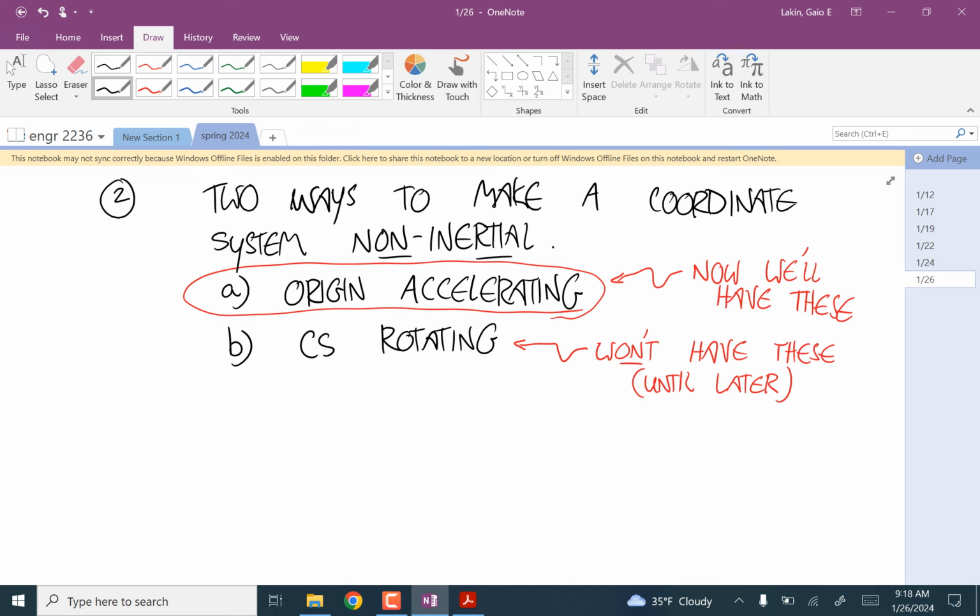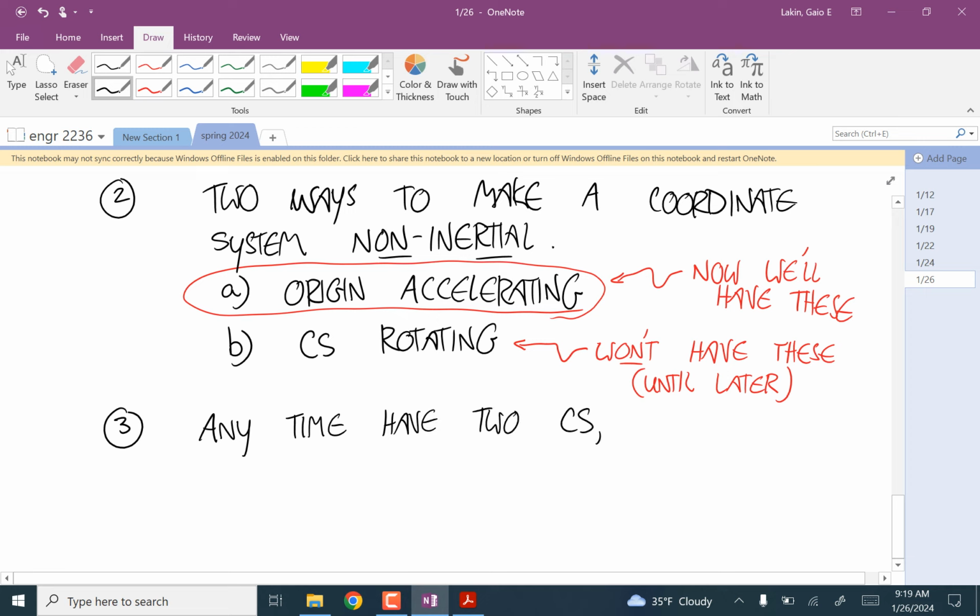And then the third thing is whenever we have 2 different coordinate systems, their orientations are going to be the same. So right now we're not worried about one coordinate system with the z-axis up talking to another coordinate system with the z-axis horizontal or whatever. They're always the same orientation.